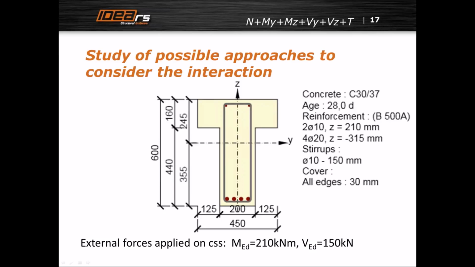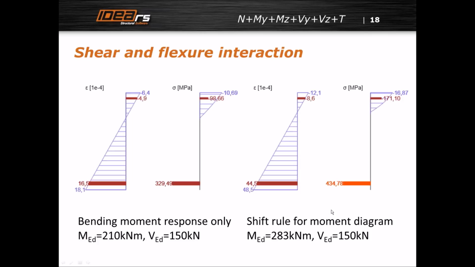That's why, before we did it, we made a study of possible approaches to consider the interaction. We take this example of a standard beam 600 millimeters deep. We have 4 bars of diameter 20, and we loaded this cross-section by an external moment of 210 kilonewton meters and a shear force of 150 kilonewtons.